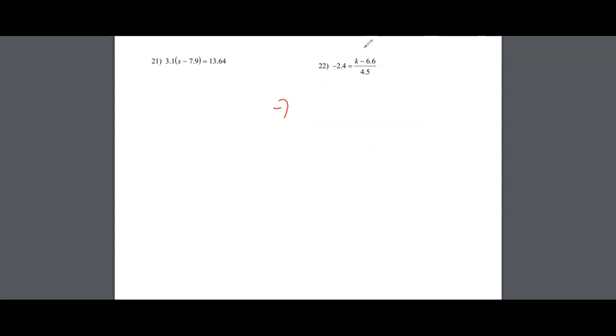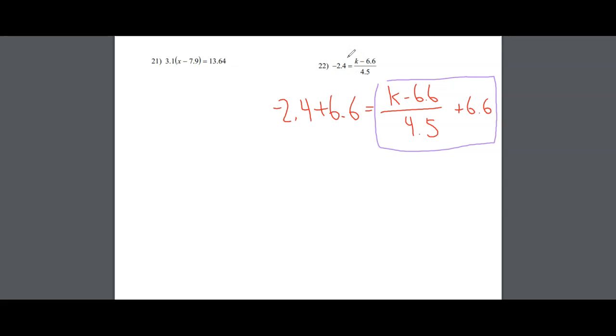So if I do negative 2.4 plus 6.6 equals k minus 6.6 divided by 4.5 plus 6.6. So now I think it's pretty clear that we cannot just add these two terms together, right? We can't just add the 6.6 to the negative 6.6 because one is being divided by 4.5.